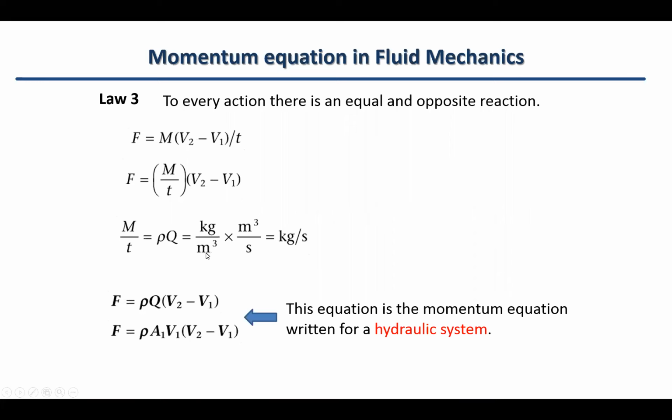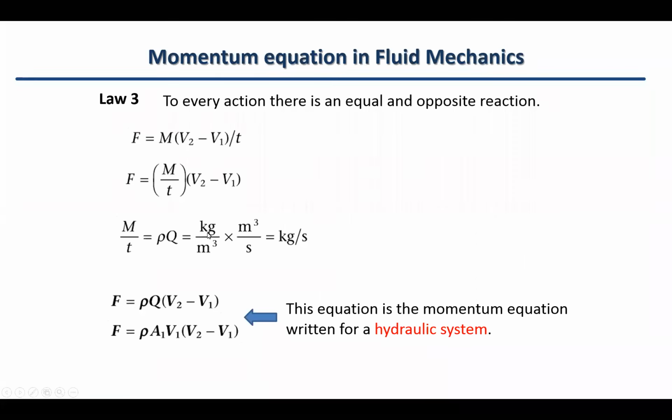So let's do some dimensional analysis to see how it works. The m divided by t has units of kilograms divided by second. How about rho Q?